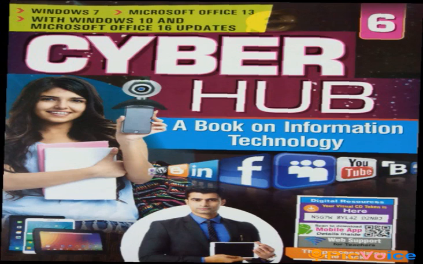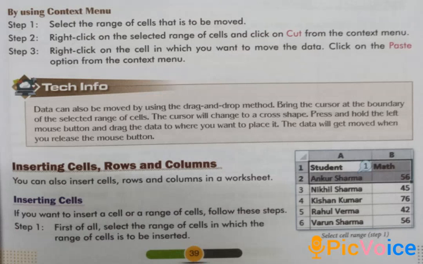This video clip is part 2 of Computer Standard 6. Dear students, kindly open your book page number 39. Today we shall continue our learning from chapter 4, that is inserting cells, rows and columns.